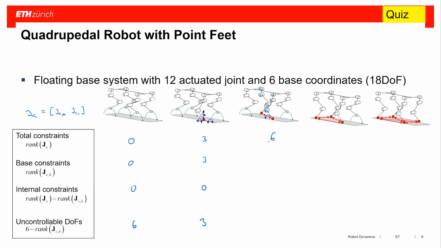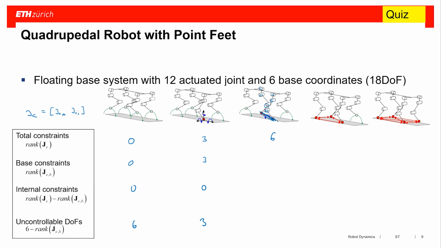And again, I apply human intuition here. If I take this quadruped and I lock all the joints and I put it on the ground, I essentially get the base on this line between the 2 points of contact. So it cannot move in XYZ.